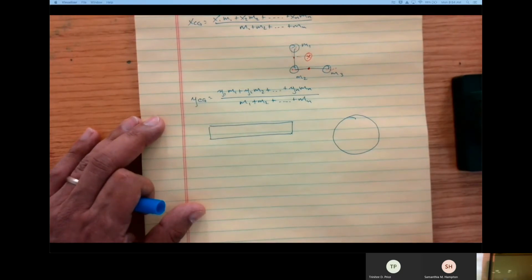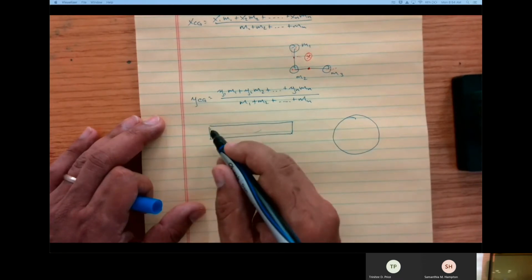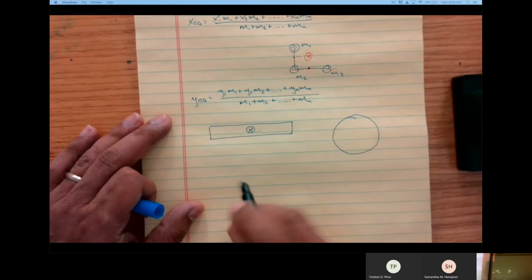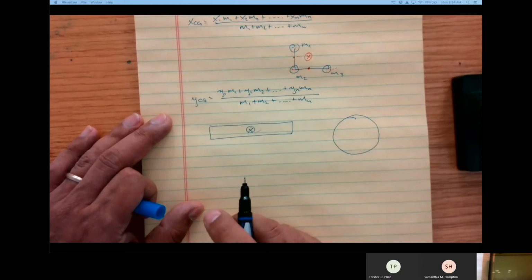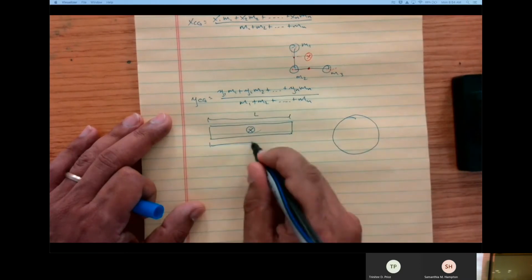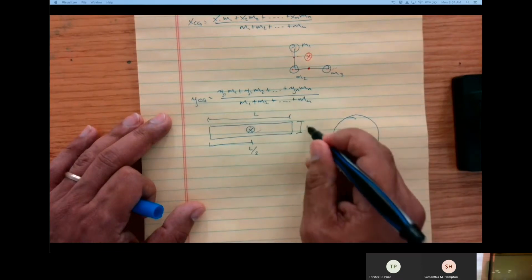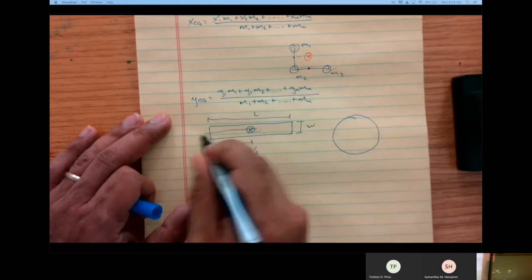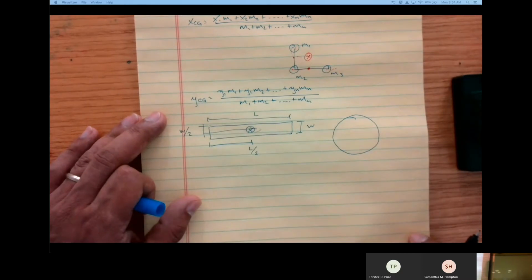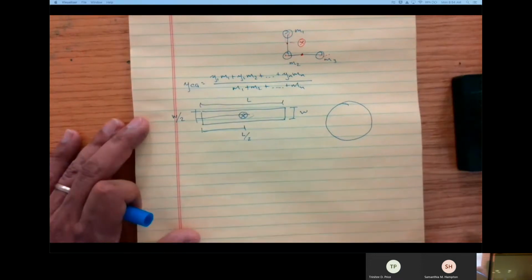So if you have an arm and you can approximate that arm with a rectangle, the center of gravity is going to be at the center of the rectangle. So if this has a length L, the center of gravity is going to be at L/2. And if this has a width W, then this is going to be W/2. If you have a sphere, you have a disk, the center of gravity is going to be right at the center.